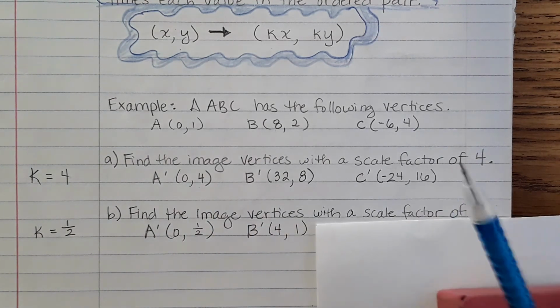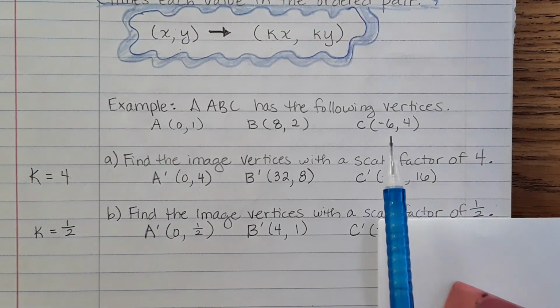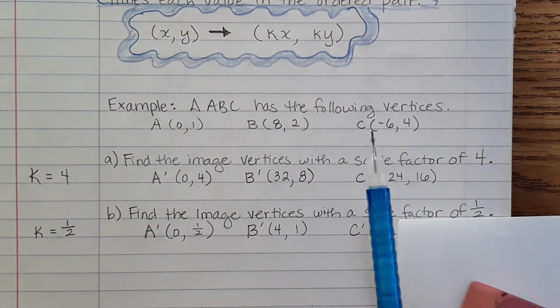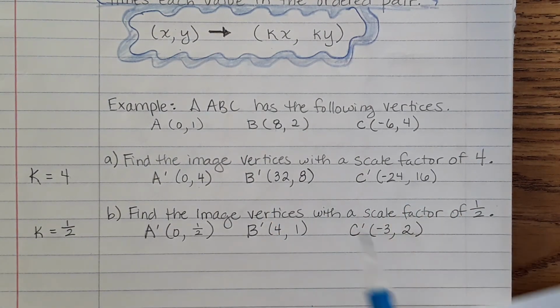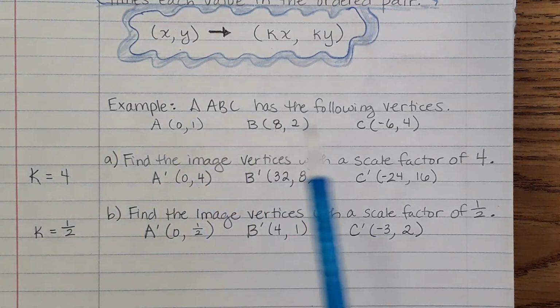And then finally, C prime, -6 from the pre-image times 1/2 is -3. And 4 times 1/2 is 2. We can see that if we were to graph the image vertices with a scale factor of 1/2, it does get smaller than our original pre-image vertices.